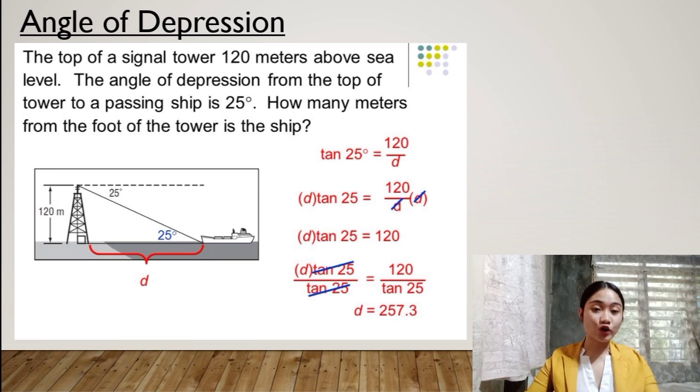Now, if we are looking for theta and given the adjacent and the hypotenuse, we are going to use the inverse. You have to use your scientific calculator so that answering is easy. How about if given the adjacent and looking for the hypotenuse?